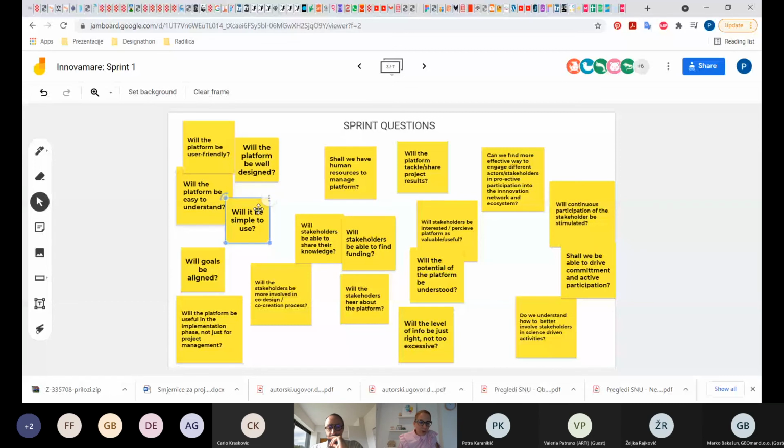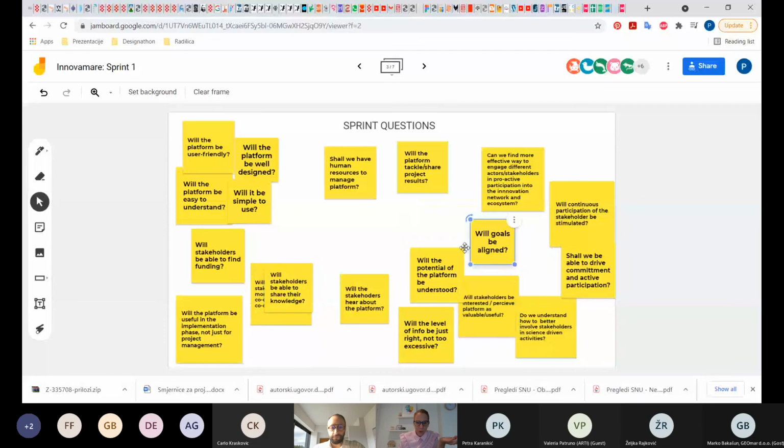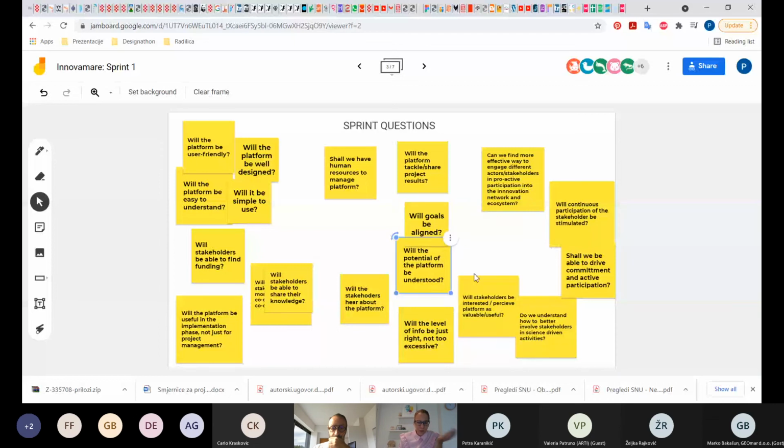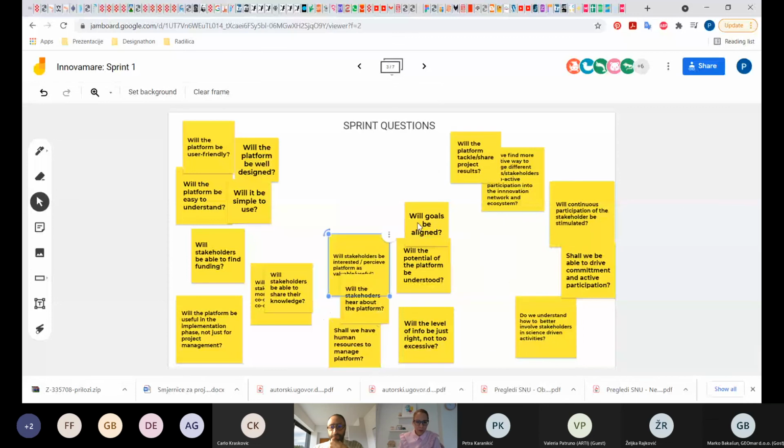Somebody mentioned in the questionnaire that different stakeholders have different goals. I will group it together: will the potential be understood, and will the stakeholders perceive it as valuable and useful? It somehow is connected.